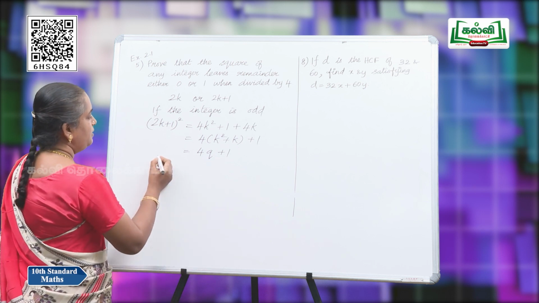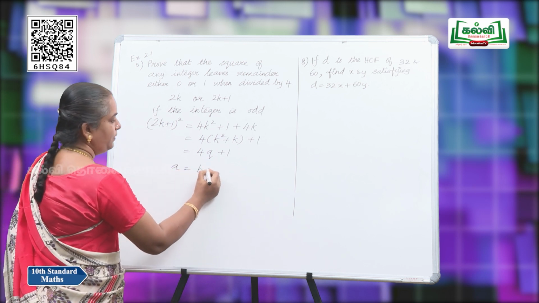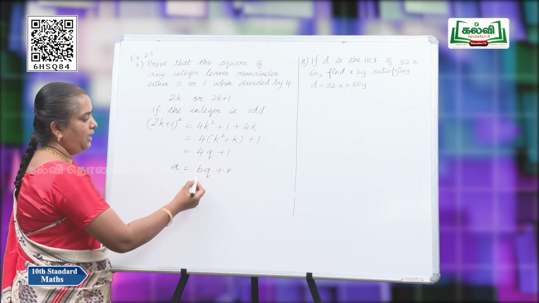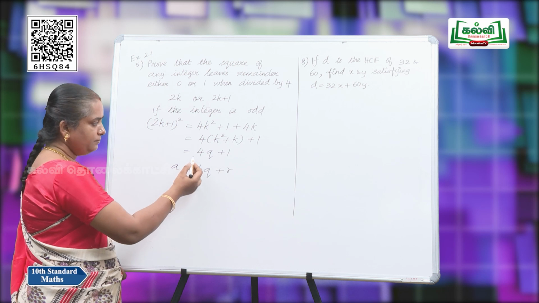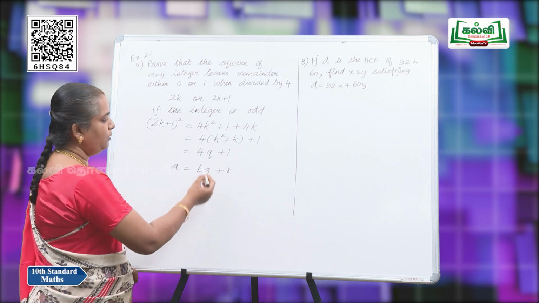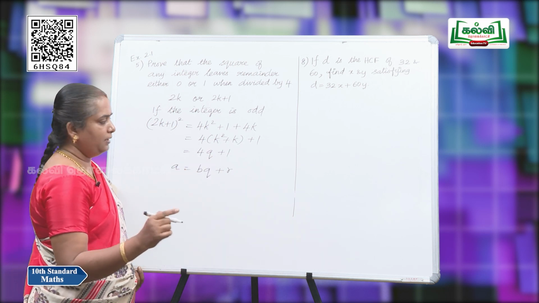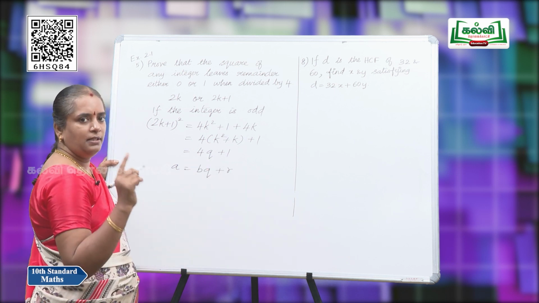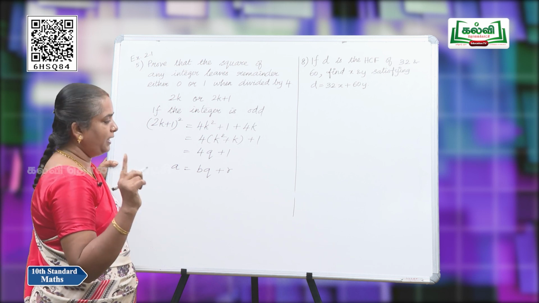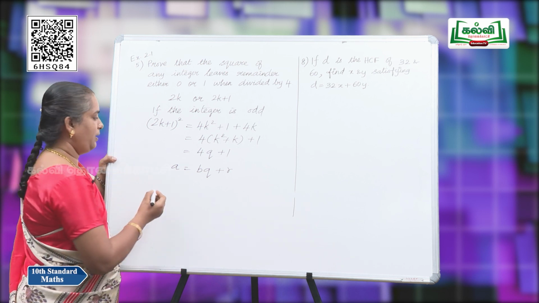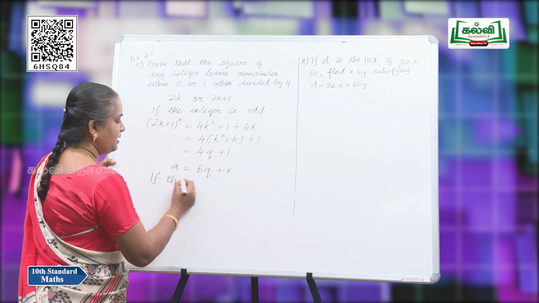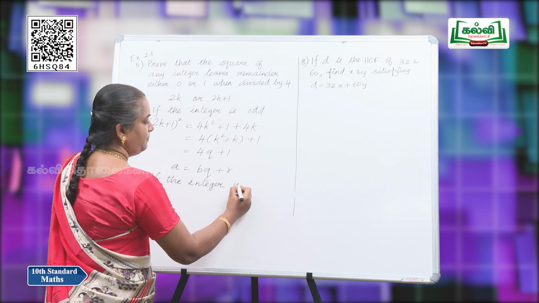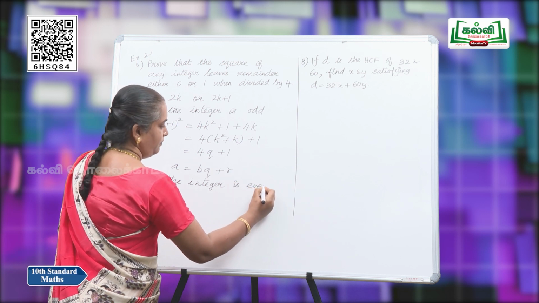Can you understand? So, this is of the form a is equal to bq plus r. So, a is our square and b is the number 4 and q is our quotient. Here r is 1. So, for any odd number, if you square it we get the remainder 1. Let us take the even number. If the integer is even, we represent it as, very good, 2k.